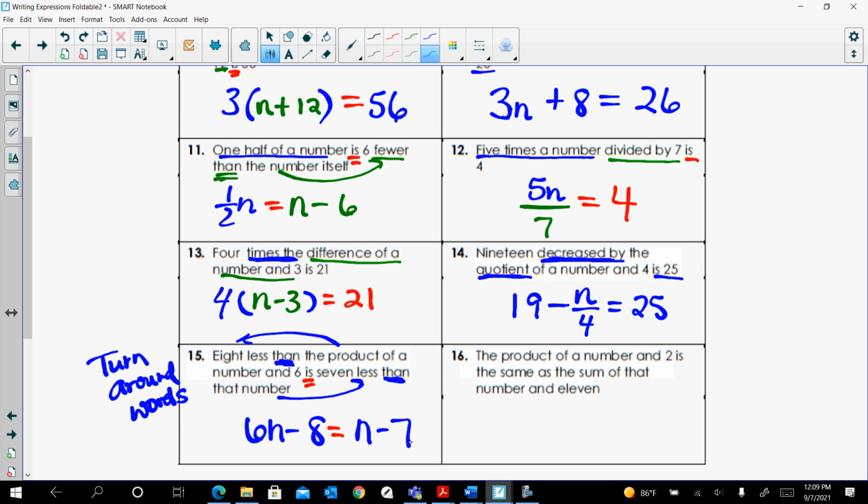All right, it says the product of a number and 2 is the same as. That right there, the same as is your equal sign. So first we need to show the product of a number and 2. How do I show a product of a number and 2?